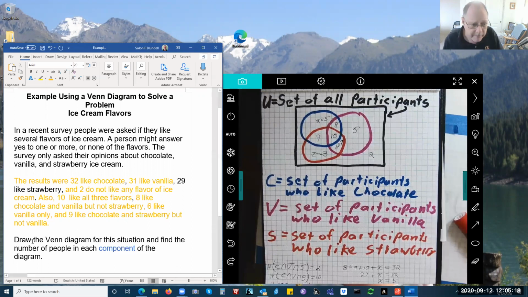Now in your homework, that's kind of the first step. They'll ask you other questions. They'll go on and ask something like, okay, so now how many like strawberry but not chocolate? And then you'd say, oh, that's the 7 plus the 3.